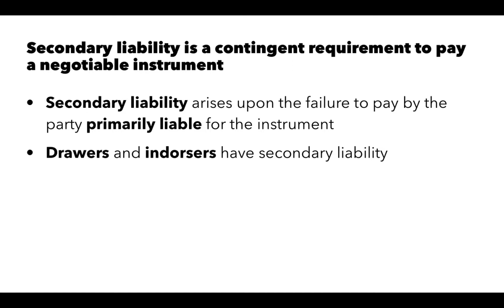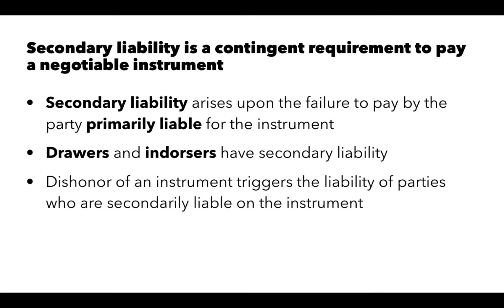Drawers and endorsers have secondary liability. So when you endorse a note or a draft, a check, you are creating liability on your part if in fact the maker of the note or the drawer of the check does not follow through.